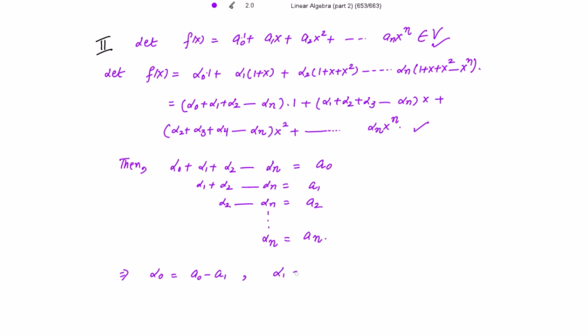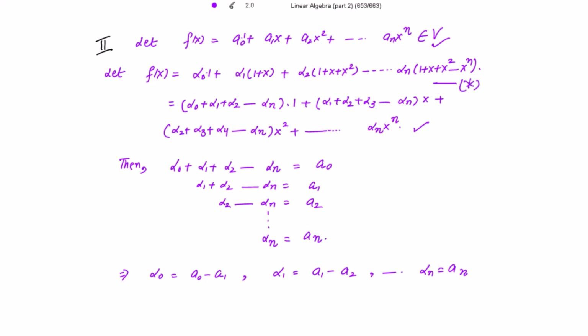Similarly, alpha 1 is equal to a1 minus a2, very clear. Then similarly, going on, at the last alpha n is equal to an. Now I'm getting the values of alpha naught, alpha 1 up to alpha n in terms of a0, a1, a2 up to an.